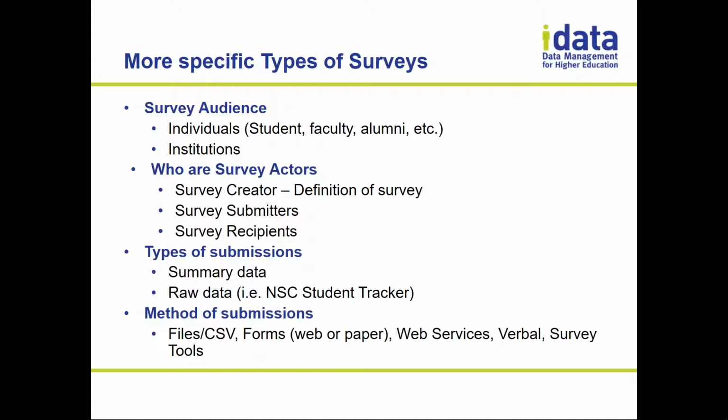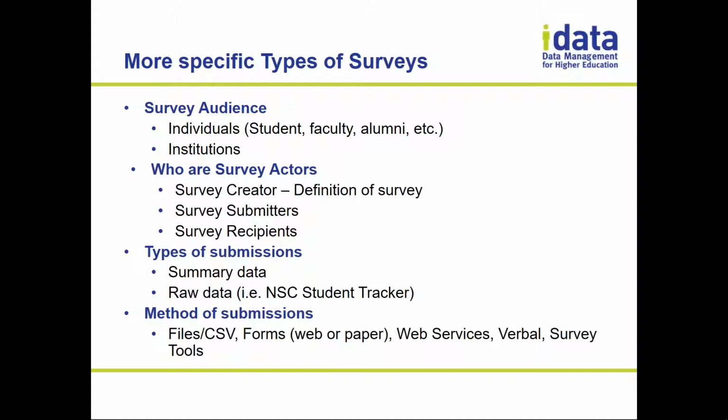And then the methods of submission. Again, this applies across each of the different types, but you might be submitting a file or a CSV or a spreadsheet with your responses. IPEDS takes those, and Student Tracker takes those. Or maybe there's a form, either a web form or an actual paper form that you're filling out, or a web service that you're posting to, or someone's posting to you, or even verbal, right?